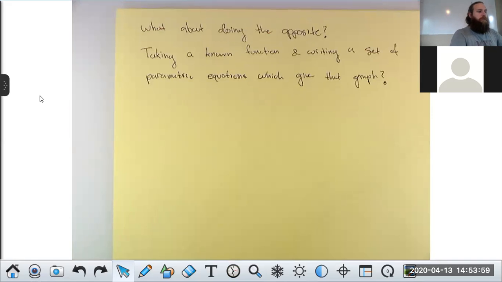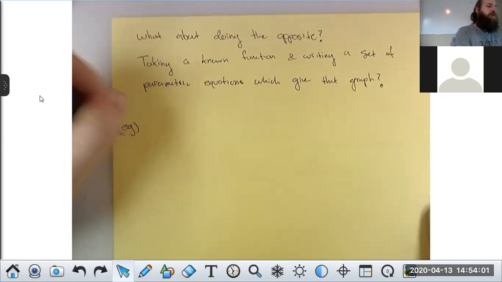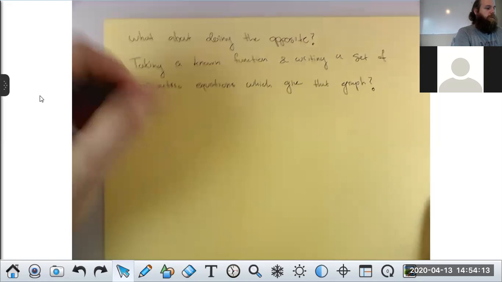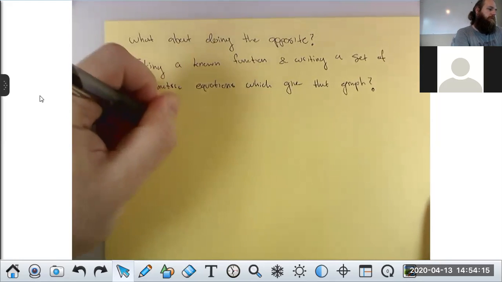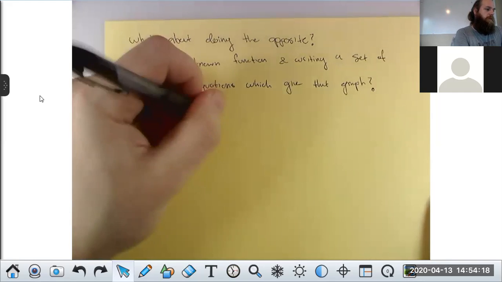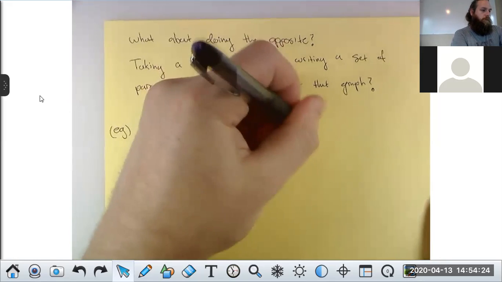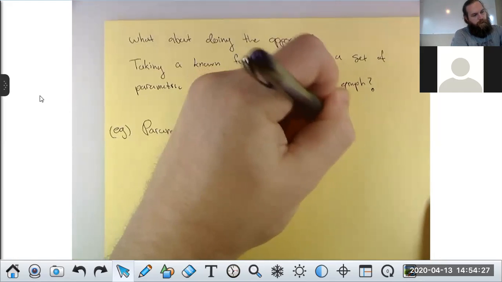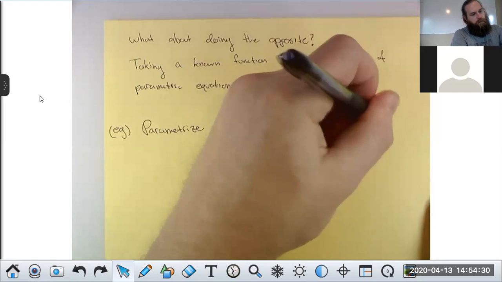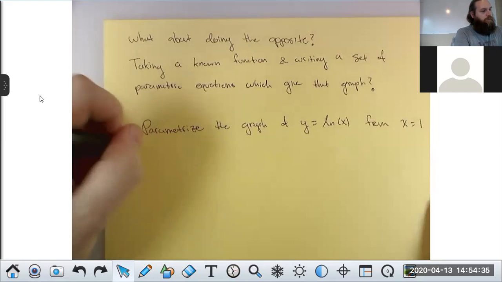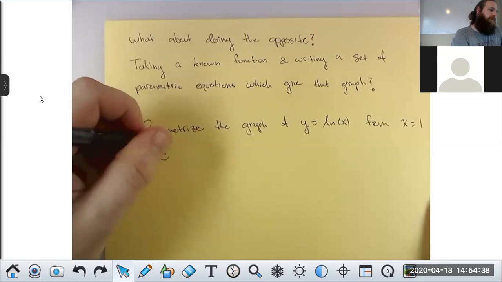This is called parametrizing the curve. So taking something that's not in parametric form and putting it into parametric form is called parametrizing or parameterizing. So I'd say parameterize the graph of y equals, let's do ln of x, from x equals 1 to x equals e squared.